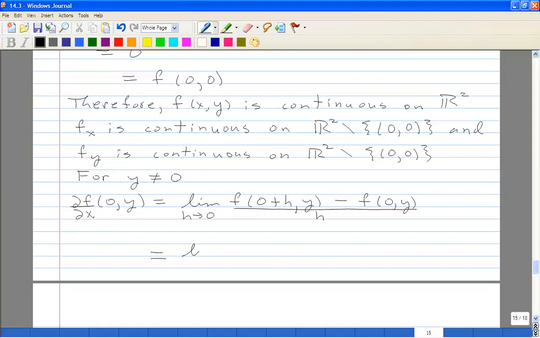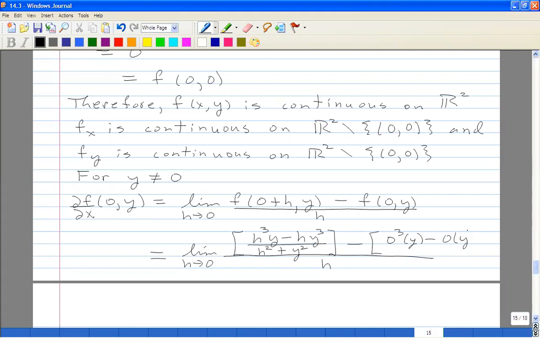So this is equal to the limit as h approaches 0 of plugging in h: h cubed y minus h y cubed over h squared plus y squared, minus plugging in 0 for x: 0 cubed y minus 0 y cubed over 0 squared plus y squared.